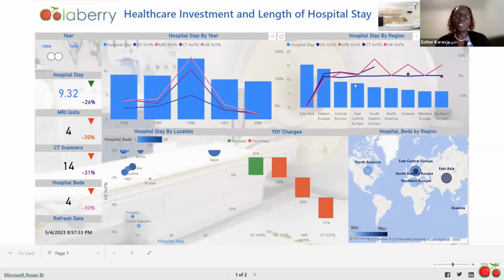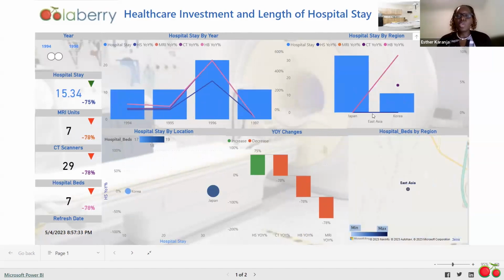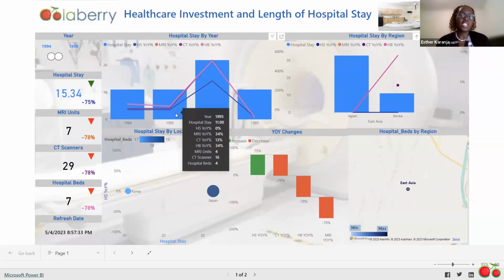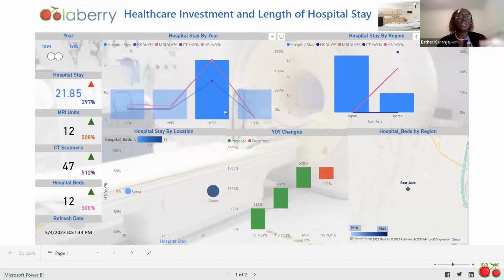Now, let's go to East Asia and see it in a simpler way. Here we drill down East Asia to specific locations. We have Japan and Korea. And here we can see that in 1995, the hospital stay in East Asia was 11 days. Then in 1996, the hospital days increased to 21.85 days.